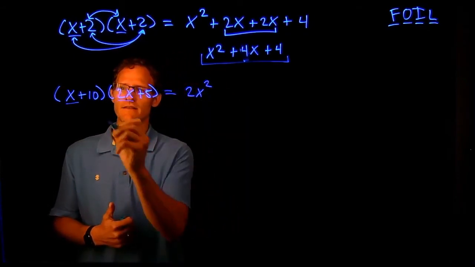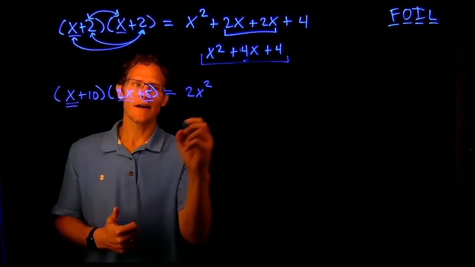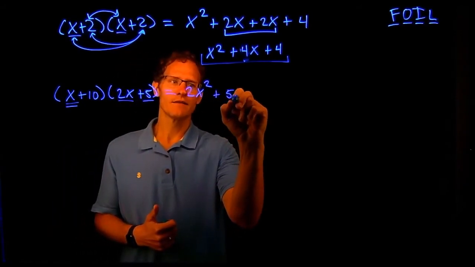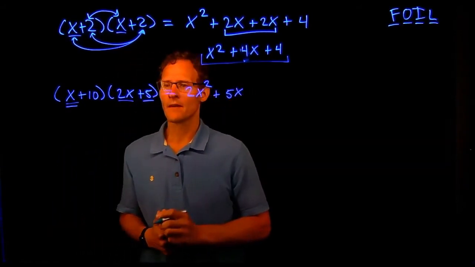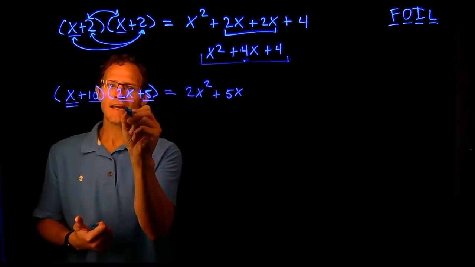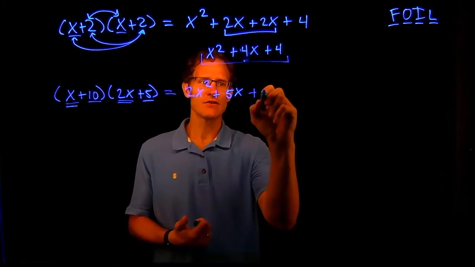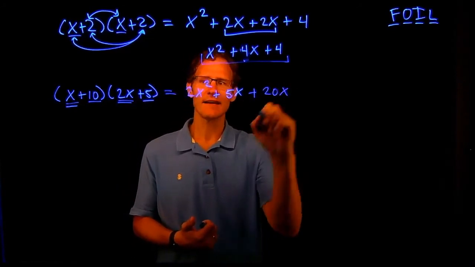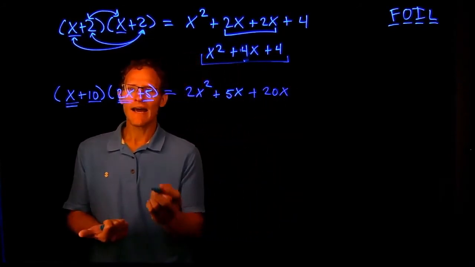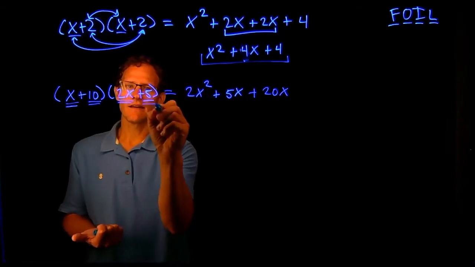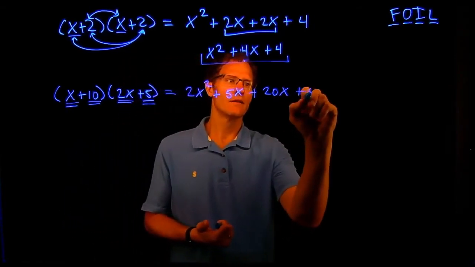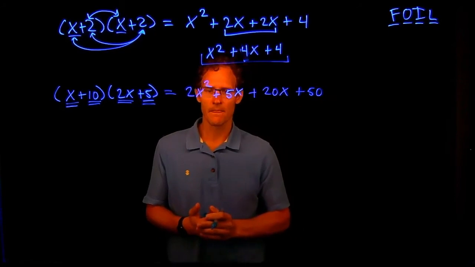Our outsides, x and 5. So plus 5x. Insides, 10 and 2x. So 10 times 2x is 20x. And now our last is 10 and 5, plus 50.